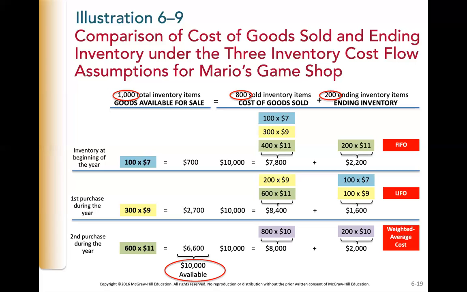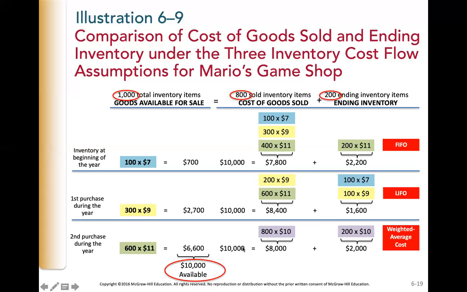Under the FIFO method, we had our $10,000 total cost of goods available for sale, and we calculated a cost of goods sold of $7,800 and an ending inventory of $2,200. We also, under the LIFO method, have the same total cost of $10,000, but using LIFO, we calculated cost of goods sold at $8,400 and ending inventory at $1,600.